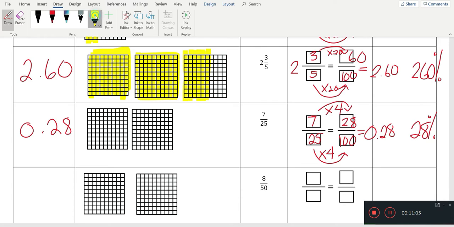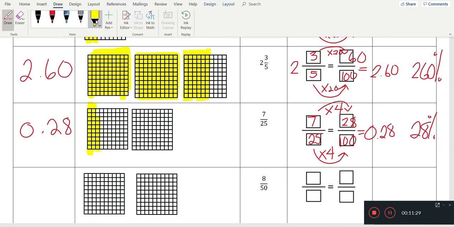So I need to just shade 28 here. 10, 20, and 8. It's just hard because my pen marker here is not pointed so much, so I just have to shade. So that's 28.